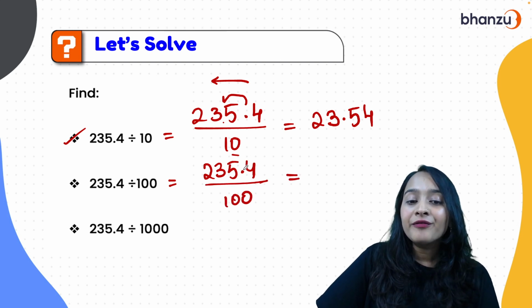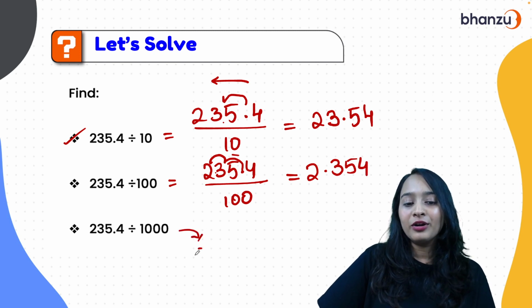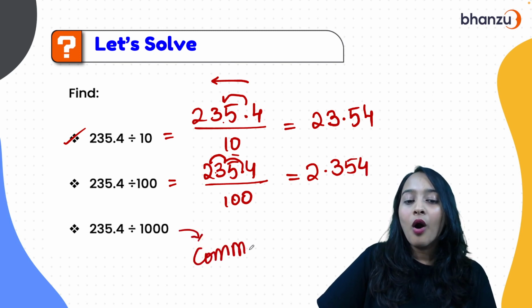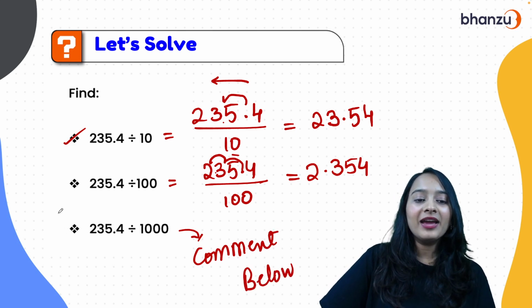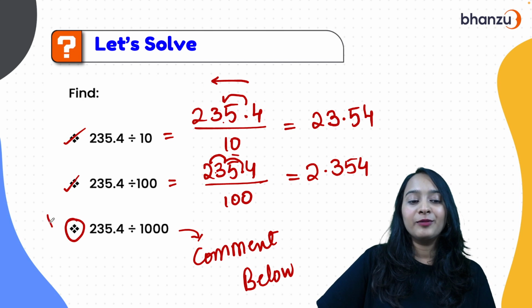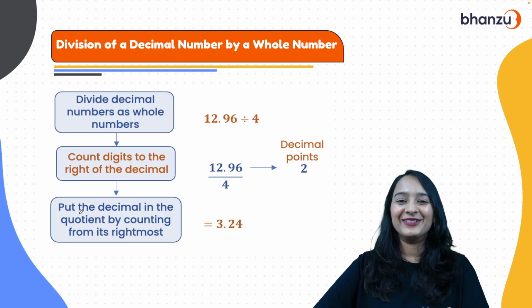So we will move 1 digit, 2 digits, because there are 2 zeros here. So it's 2.354. Now you let me know in the comment section what would be the answer for this one. Alright, so these two are done. This is going to be your homework. Do let me know what the answer is in the comment section.